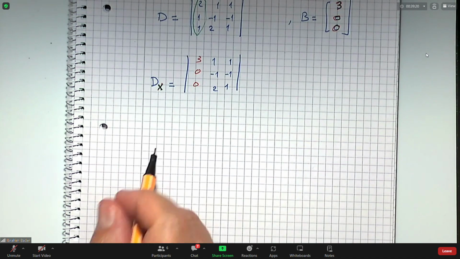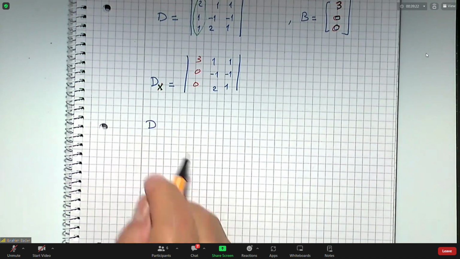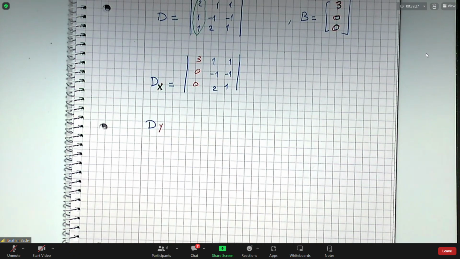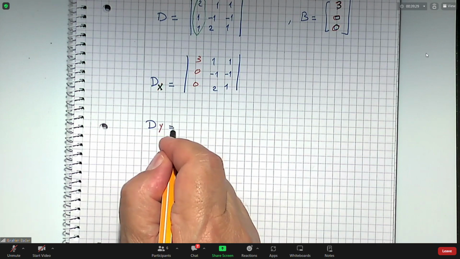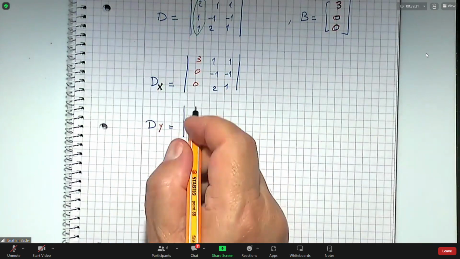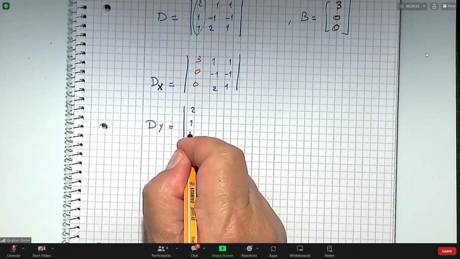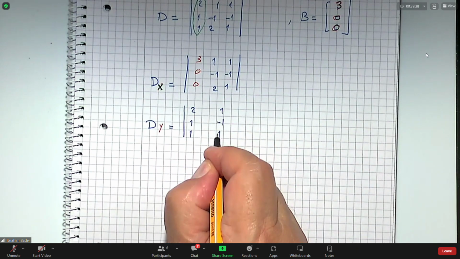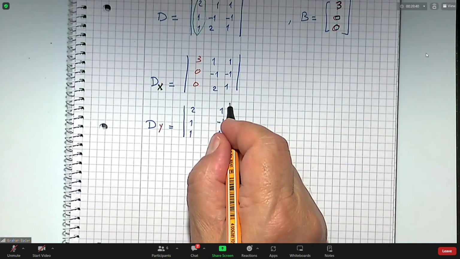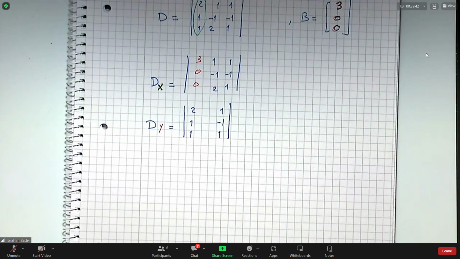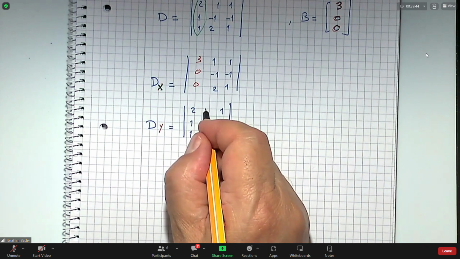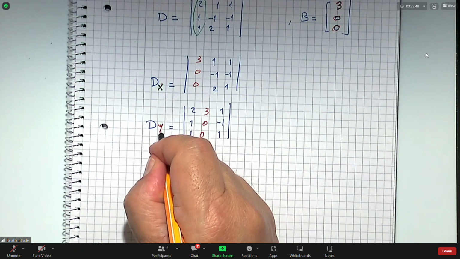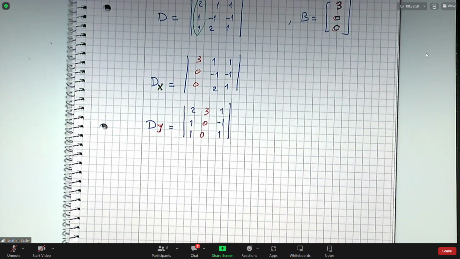So that means I'm replacing the first column here where X coefficients occur with this column. Then D sub Y. And here I'm going to replace the second column. So again, I go to the first one here, 2, 1, 1. Here I have 1, negative 1, 1. And here in the middle, now I have the coefficients of y. I take them out and exchange this with the right-hand side. So this is what's called D sub y.